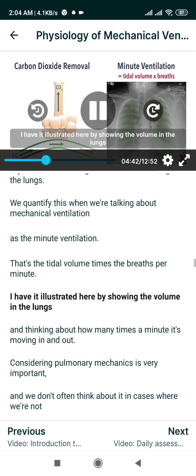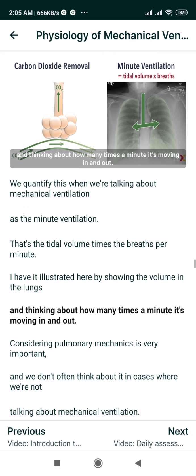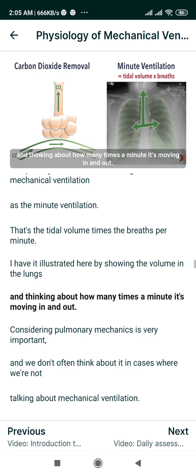I have it illustrated here by showing the volume in the lungs and thinking about how many times a minute it's moving in and out.